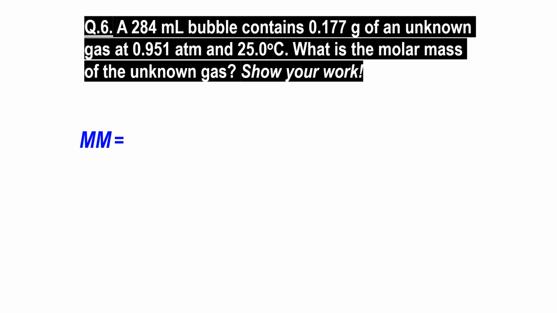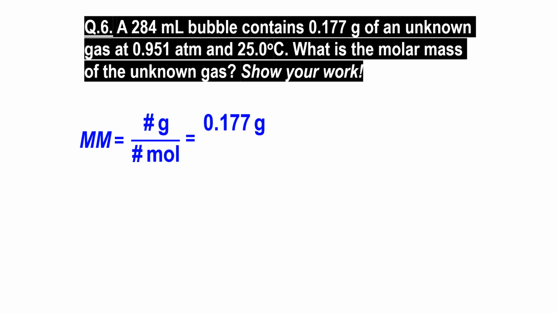It's PV equals nRT, and only the n can give you the direct relationship to molar mass, since moles equals the weight divided by the molar mass. So that means we first need to calculate the mole number.